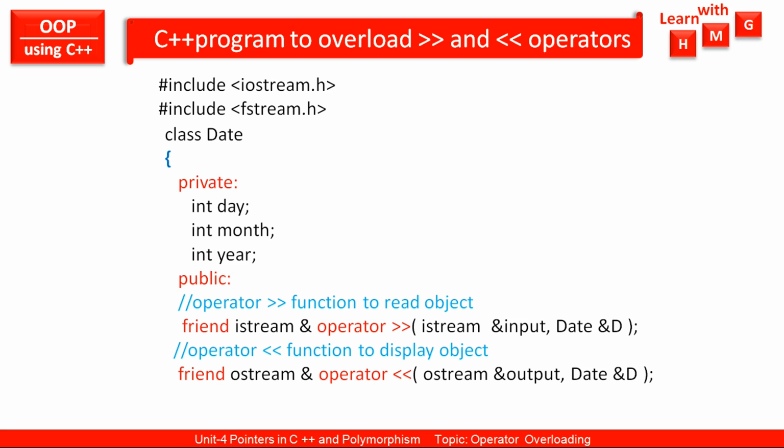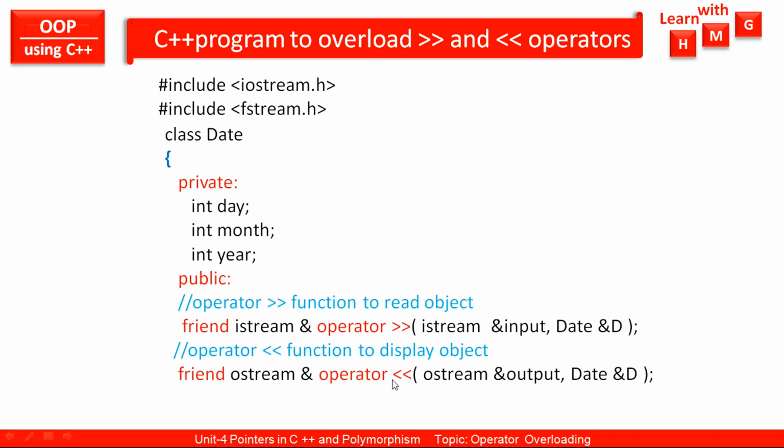So here this output object is equivalent to our cout object. You know that cout is the output stream object. So instead of cout, now we are using output as the name of the output stream object, and that is the first object, and the second is our user defined class object, that is a date type object.